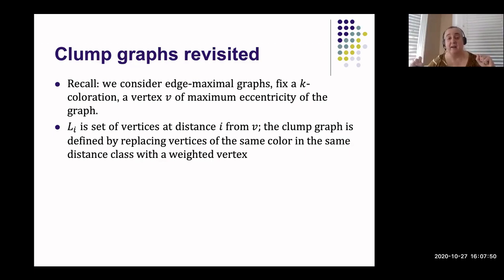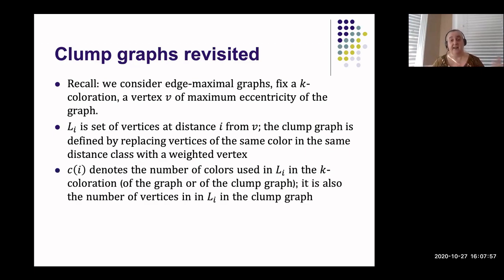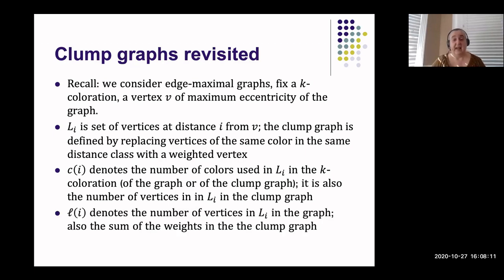We define the clump graph by replacing vertices of the same color in the same distance class with a single weighted vertex. C_i is the number of colors used in the i-th distance class of the fixed k-coloration, and it also happens to be the number of vertices in the clump graph. And L_i is the number of vertices in the original graph, also the sum of the weights in that column in the clump graph.